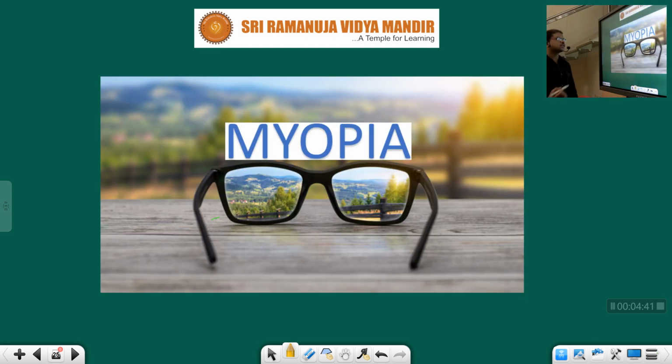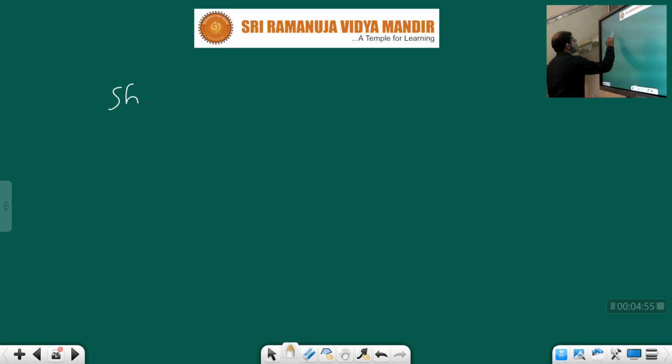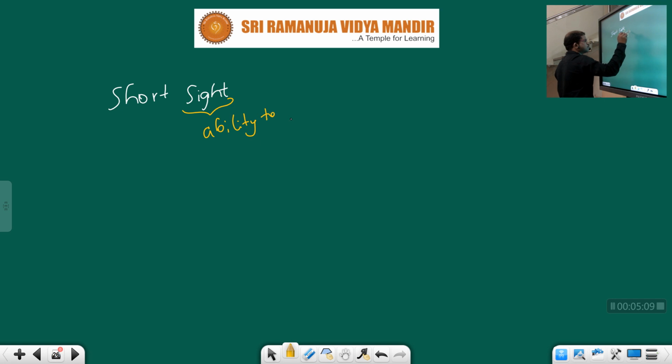Myopia means we can see the objects which are near to us, we can't see the objects which are far away from us. Simply, myopia is nothing but short sight, children. In general terminology, it is short sight. Sight means ability to see, and short means less range or less distance, the objects which are near to us, near objects.